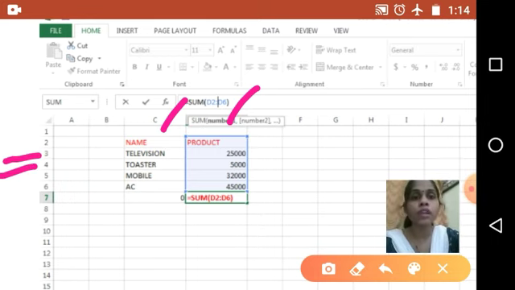So here you have to write D3. It was written D2 by mistake. It should be D3 to D6, meaning up to this block. You have to write it properly, then it will give you the answer directly. Write this formula SUM, you have to do the sum of all these numbers.